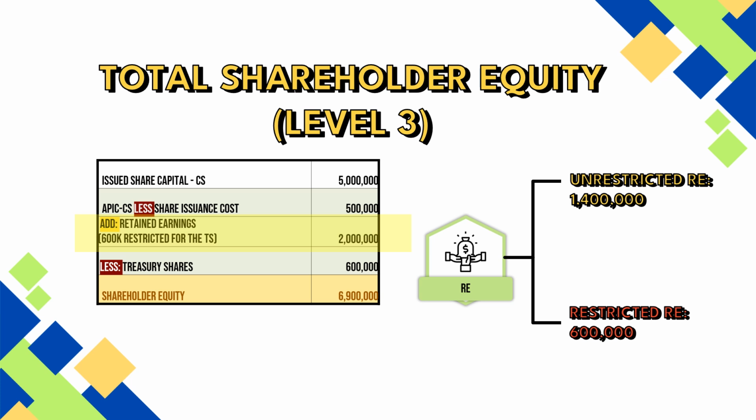Yung 600,000 na yun, it effectively lessened the amount of retained earnings that's unrestricted by 600,000. So at the end of period 1, you have 1.4 that's unrestricted. So the question is, in period 2, ilan total treasury shares yung potentially you can buy? It's not anymore 2 million, but it's actually 1.4 million only.